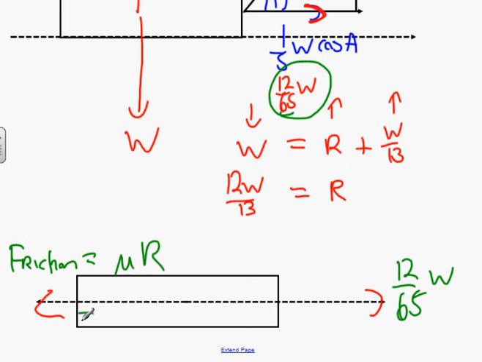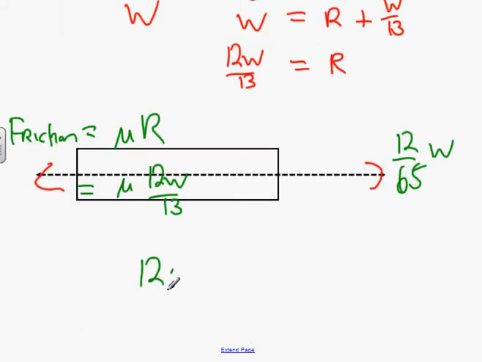What's our R value? 12W over 13. Mu times 12W over 13, or 12 mu W over 13, will have to equal 12W over 65, because both forces are in balance. There's no net force because there's no acceleration. No acceleration means no net force.